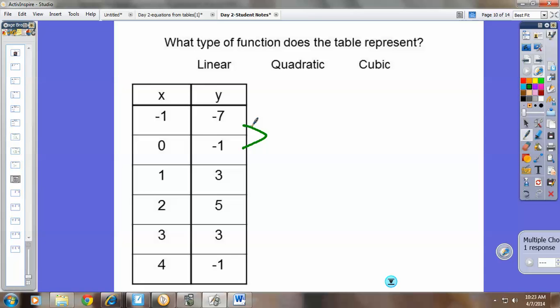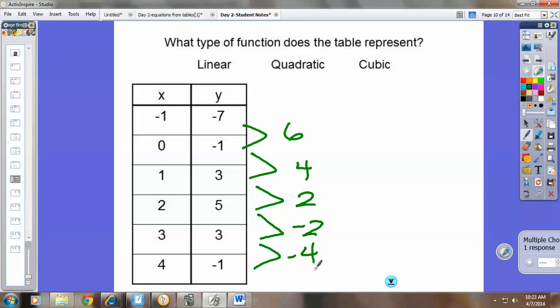If you look at your differences, negative 1 minus negative 7 is how much? 3 minus negative 1. 5 minus 3. 3 minus 5. Negative 1 minus 3. First difference is not the same, so we know it's not linear. Look at your second difference. 4 minus 6. 2 minus 4.